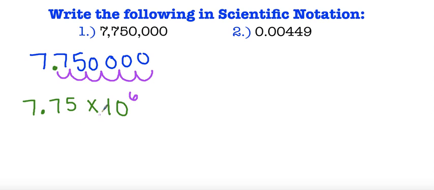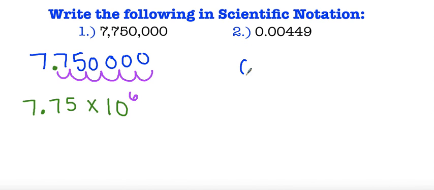So here, you could always go back and double check your answer. Remember that if we have a number that's larger than 1, we multiply times 10 to a positive integer, and a number that's smaller than 1, we'd multiply times 10 to the power of a negative integer. So here I have a value that's smaller than 1, so I know that I'm going to multiply it times 10 to a negative integer.